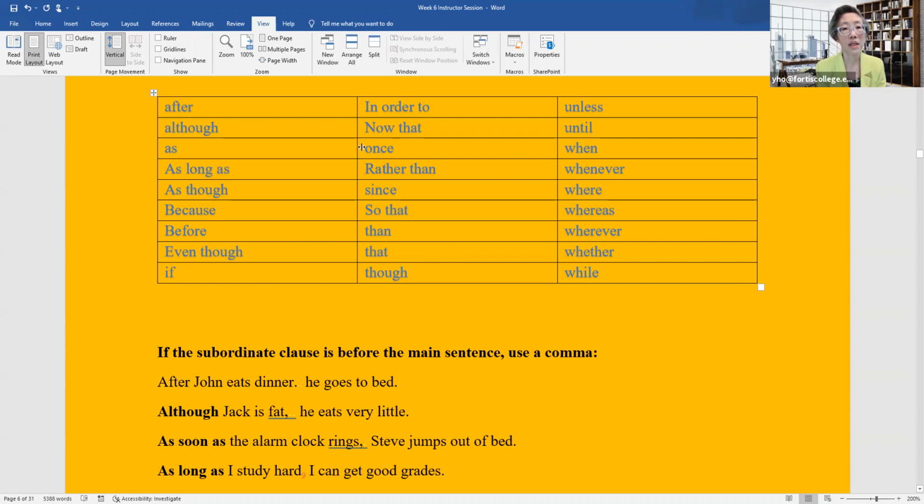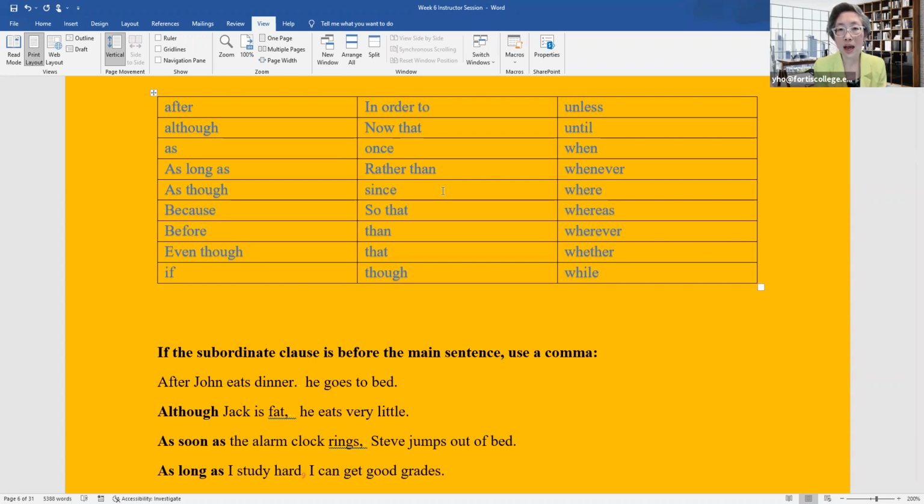So these are all subordinating conjunctions that start a dependent clause, and it renders the independent clause dependent, a sentence fragment. That's a mouthful. It simply means that when you have a sentence that starts with these subordinating conjunctions, these words, then that independent clause, that sentence, becomes a sentence fragment.